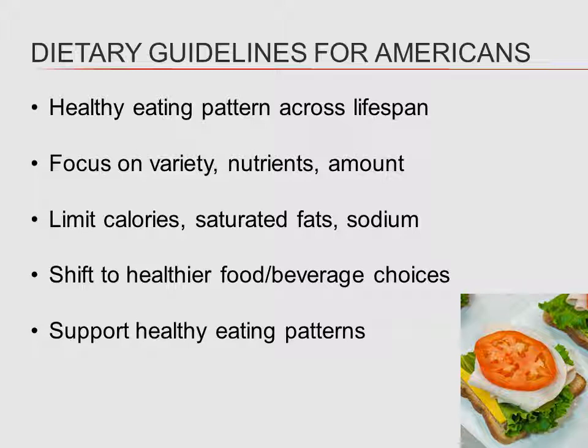As we have already discussed, the key recommendations from the DGAs are: follow a healthy eating pattern across the lifespan, focus on variety, nutrient density, and amount, limit calories from added sugars and saturated fats, and reduce sodium intake, shift to healthier food and beverage choices, and support healthy eating patterns for all.